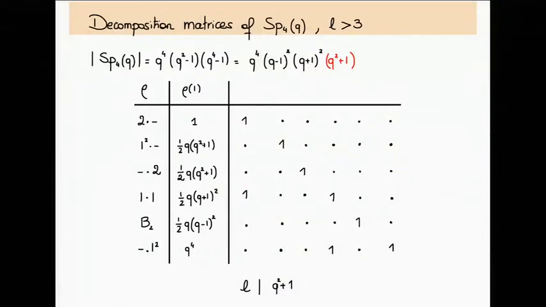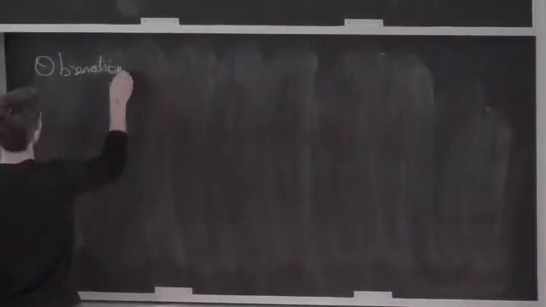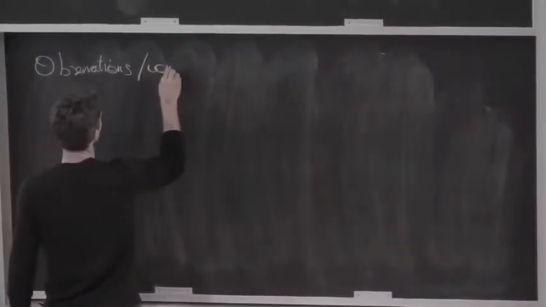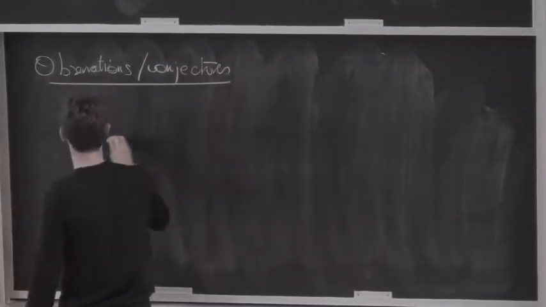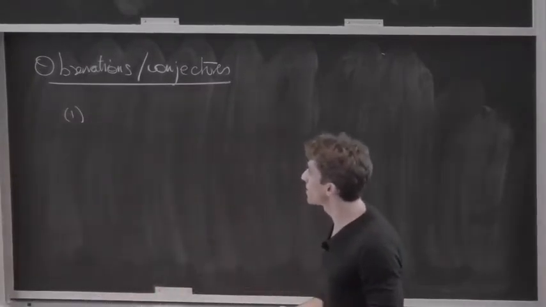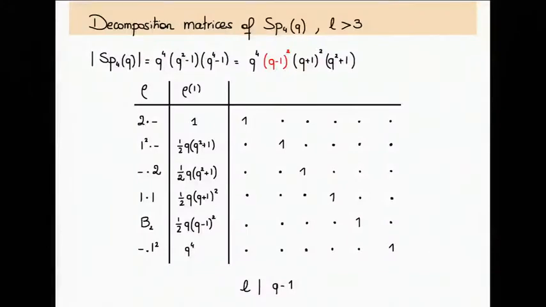Okay, so what can you observe from these matrices? Observations, conjecture. The first thing, which is really important, is that if you look at the entries, either in SL2 here or in Sp4, there are integers which do not depend on q.